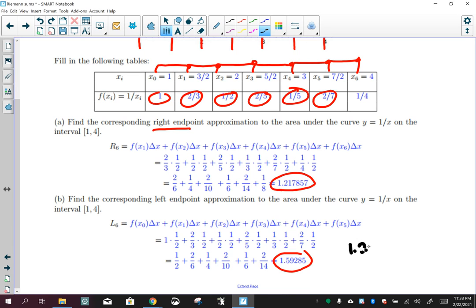So 1.218 is less than or equal to the actual answer, which is less than or equal to 1.592. Oh, that 2 is 3.